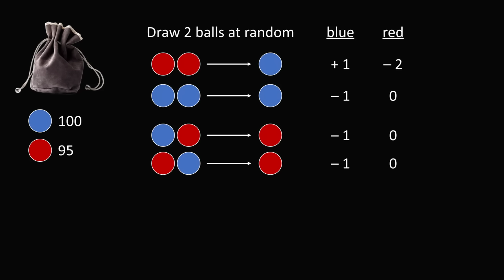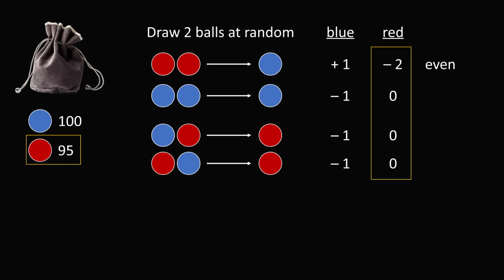So let's look at all 4 of these possibilities. We can notice a pattern in the change in the number of red balls. It's either going to be 0 or minus 2. Now, these are all even numbers. So the number of red balls is always going to change by an even number in each step.